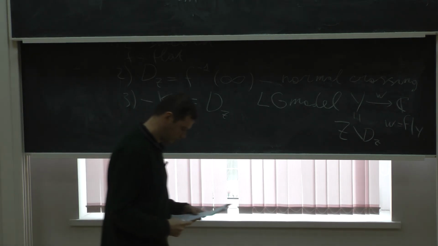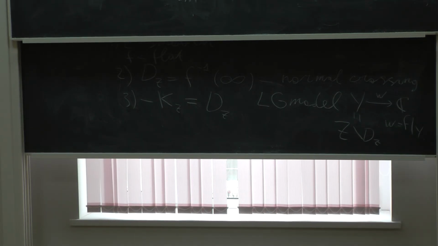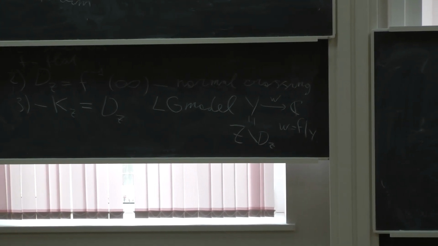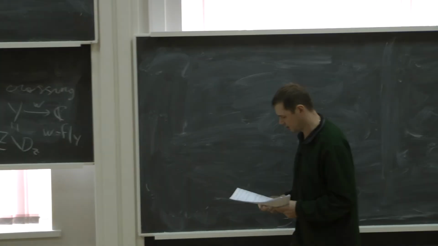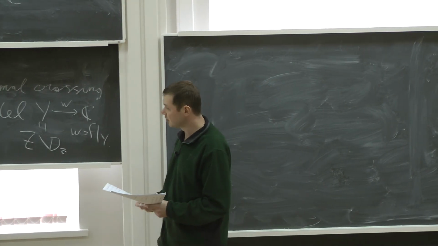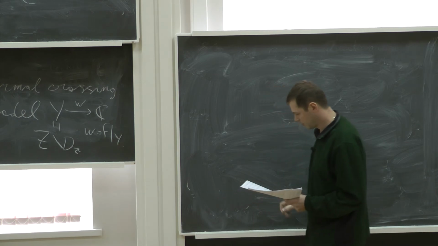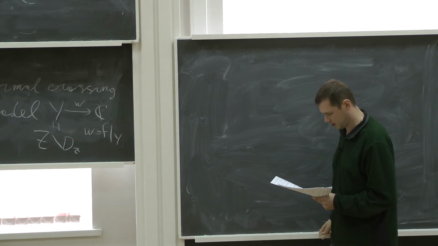Okay, so the motivation. I'll give two definitions of these dual Hodge numbers for Landau-Ginzburg models, and of course one of the conjectures is that these definitions coincide, which is partially proven. I'll tell about this later.